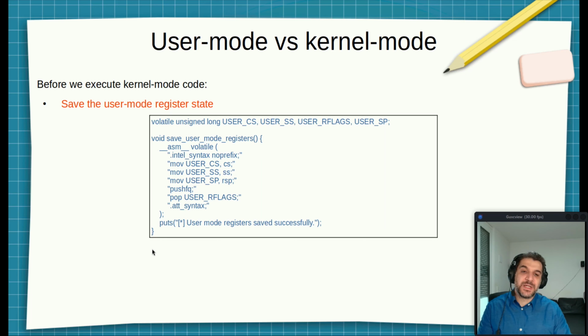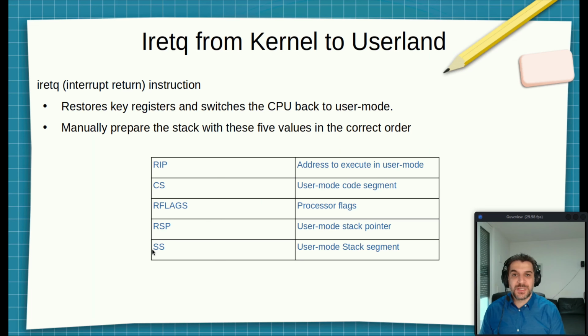Now, how do we return to user space from kernel space? We will use the interrupt return instruction. This instruction restores the registers and switches the CPU back to user mode. However, we need to manually prepare the stack with these 5 values in the correct order.